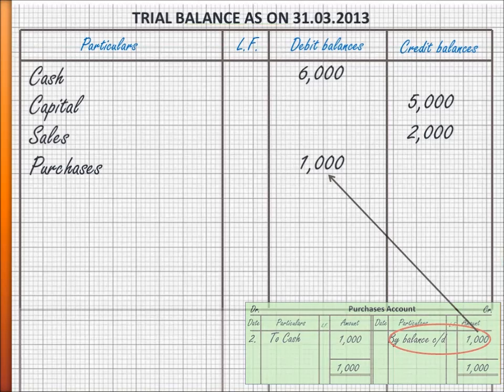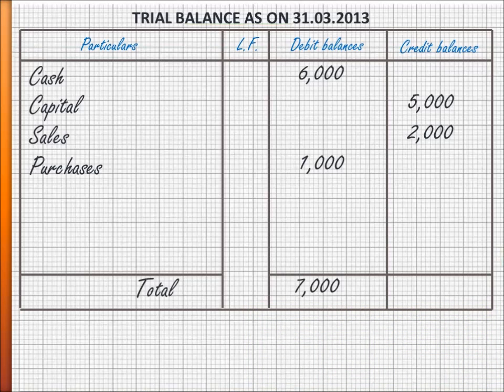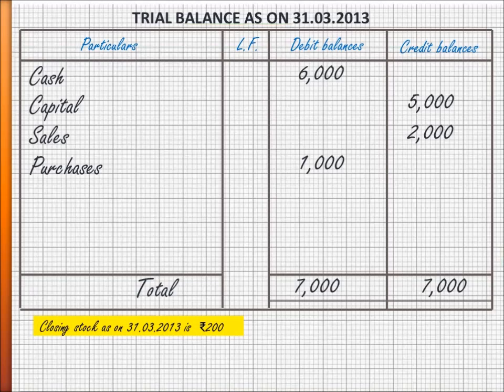So total on both sides rupees 7,000 and closing stock rupees 200. It will be written down at the footnotes of trial balance. So closing stock as on 31st March 2013 rupees 200. And on the basis of trial balance, you can make final accounts. And in the previous segments, I have already taught you how to make final accounts on the basis of trial balance.